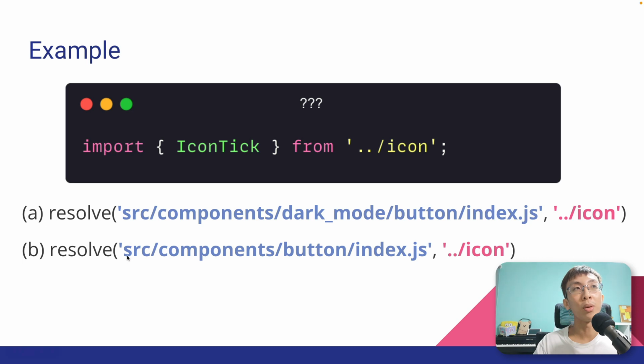Are you looking at it from source components buttons index.js or source components dark mode button index.js? Because if we just symlink the button, then the icon may not exist in this location. Source components dark mode icon may not exist, or source components icon may not exist. Either of them may not exist, right?